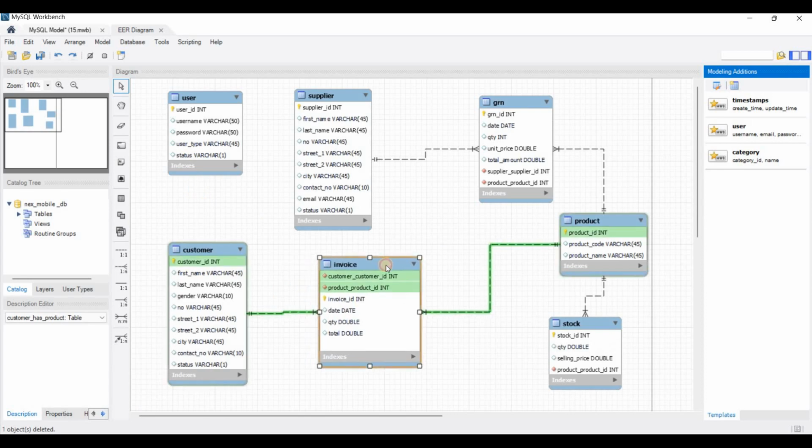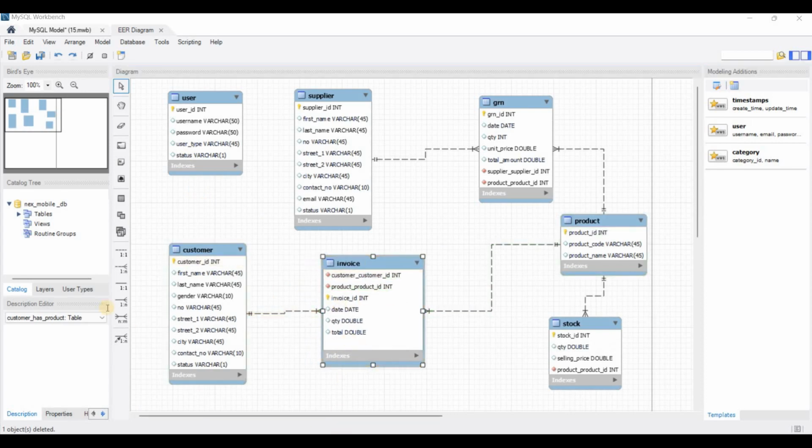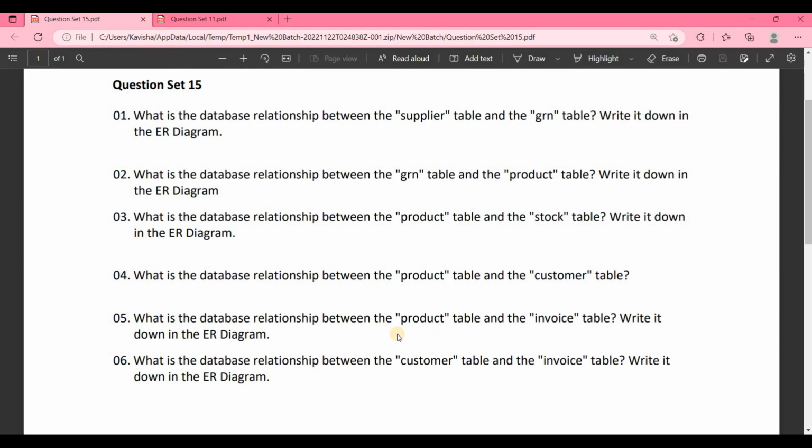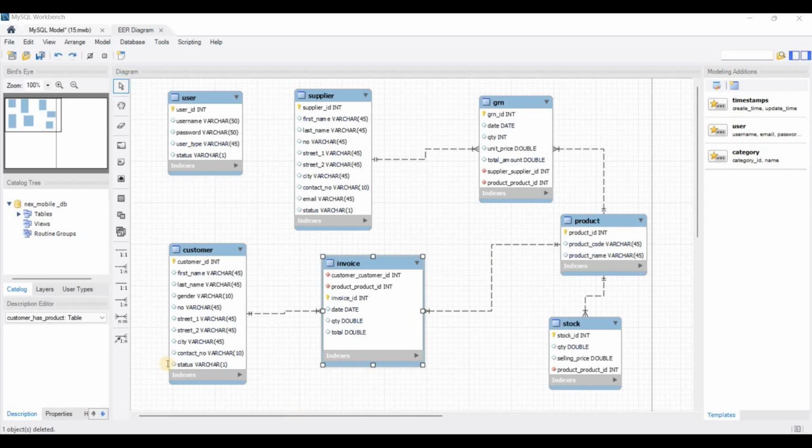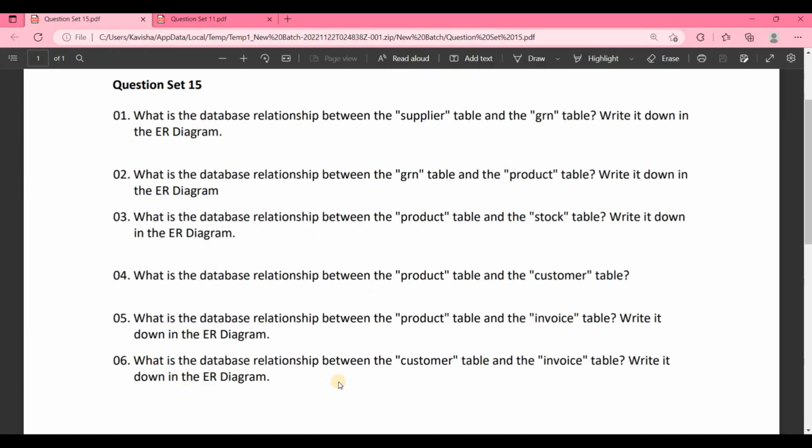So here's the invoice table, and in the fifth question we have to make the relationship between product table and the invoice table. The relationship between product table and the invoice table is a one-to-many relationship. You can see that. In the sixth question we have to make the relationship between customer table and the invoice table.